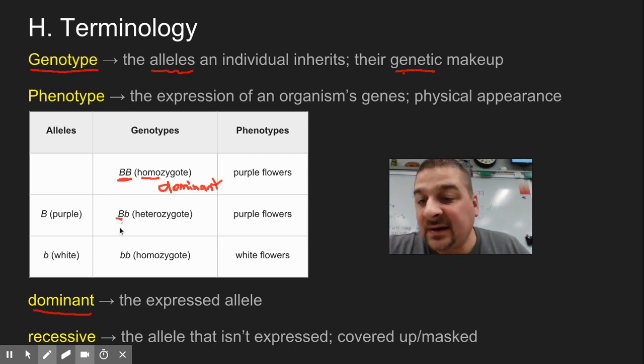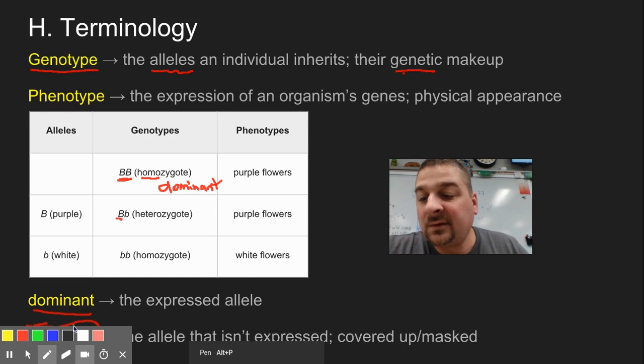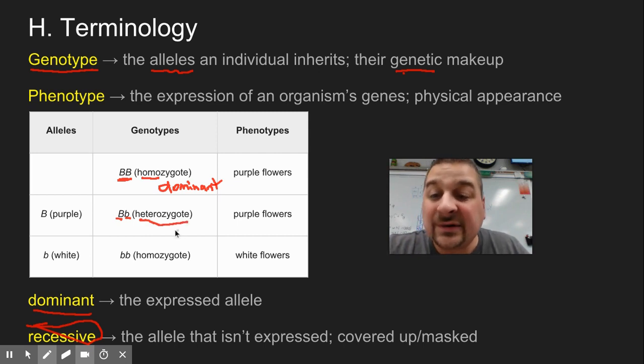If you have a dominant and a recessive allele, then we say you are heterozygous or a heterozygote. Sometimes we call this a hybrid. Now notice the dominant gene will mask or cover up the recessive gene, so it will still have purple flowers or show the dominant phenotype.